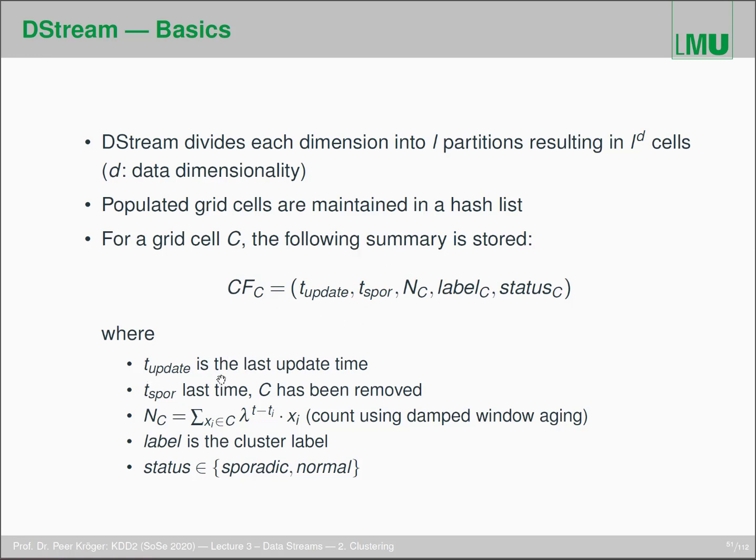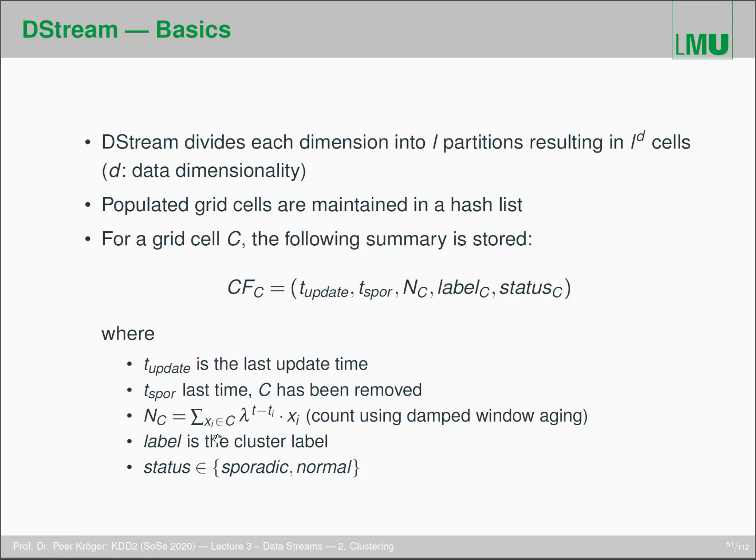T_update is the last update time for this cluster feature, so the last time a point has been added. T_spor is the last time where a point has been removed from C. And D is the density of the cell, sorry, in DenseStream: the number of points weighted by time, accounting using damped window aging.